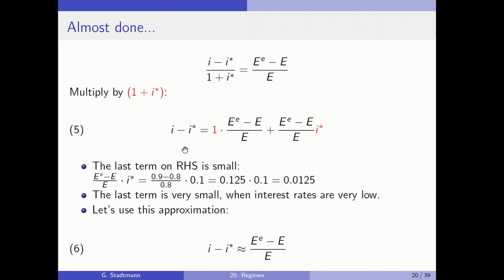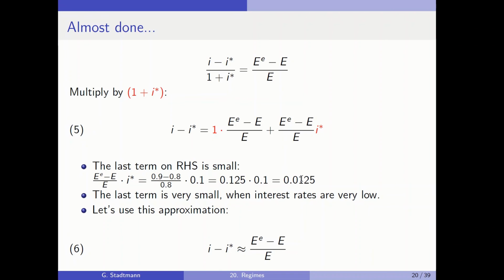The last term on the right-hand side is relatively small. So here, this term is relatively small. When you would take our numerical example and you multiply through, then it's the case that this relationship indeed is relatively small.